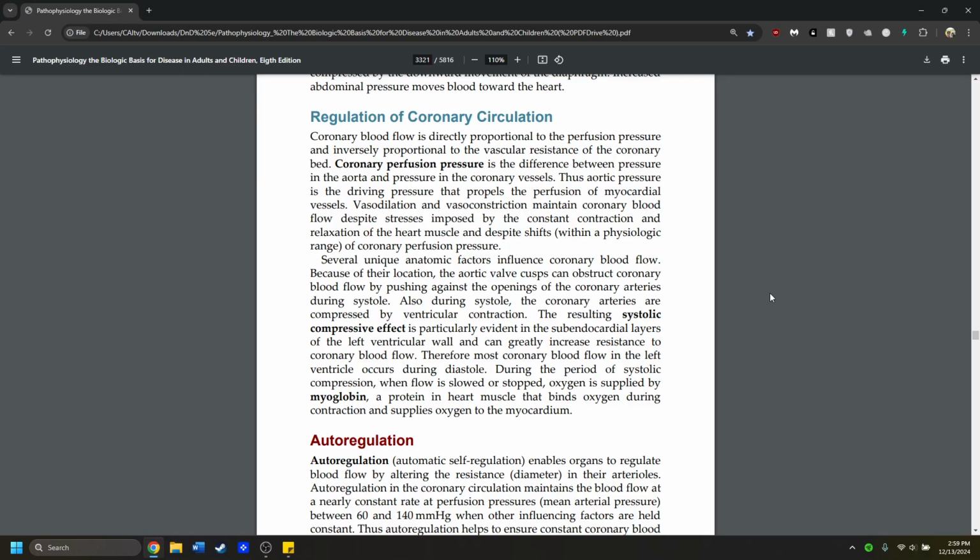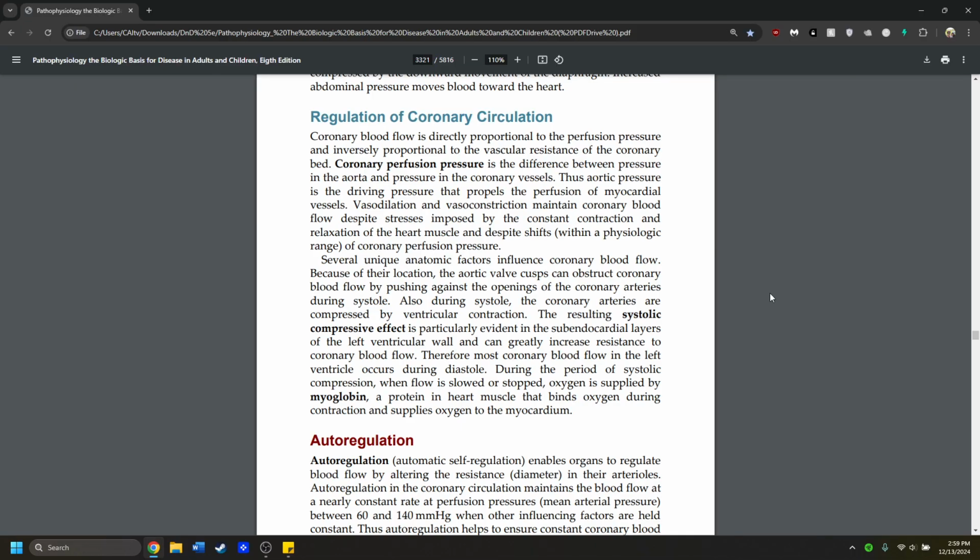Several unique anatomic factors influence coronary blood flow because of their location. The aortic valve cusps can obstruct coronary blood flow by pushing against the opening of the coronary arteries during systole. Also during systole, the coronary arteries are compressed by ventricular contraction.